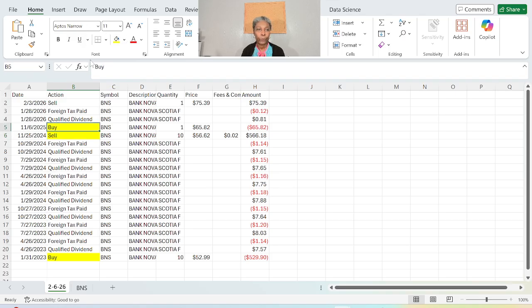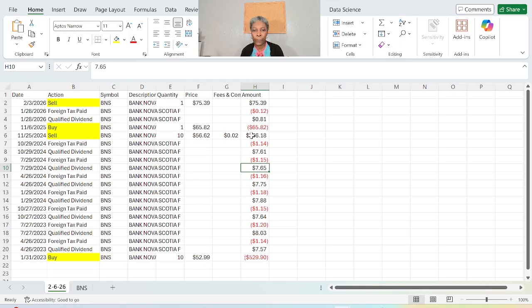So let's pinpoint those actions. We bought it in January 2023 and sold it in November 2024, and we made dividend income out of it. We bought 10 shares for $52, $53, and sold it for $56.